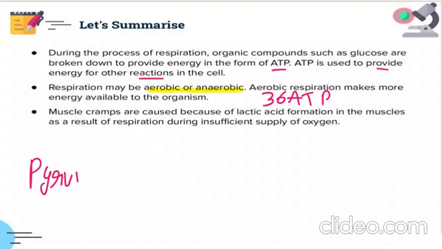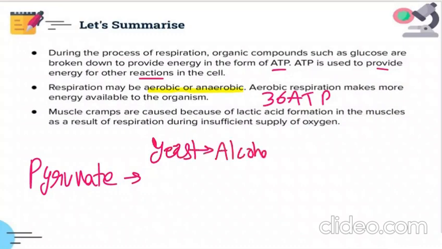The pyruvate molecule which is produced in glycolysis can be used in yeast, which gives us alcohol. Then when it occurs in our muscles, it provides us lactic acid.